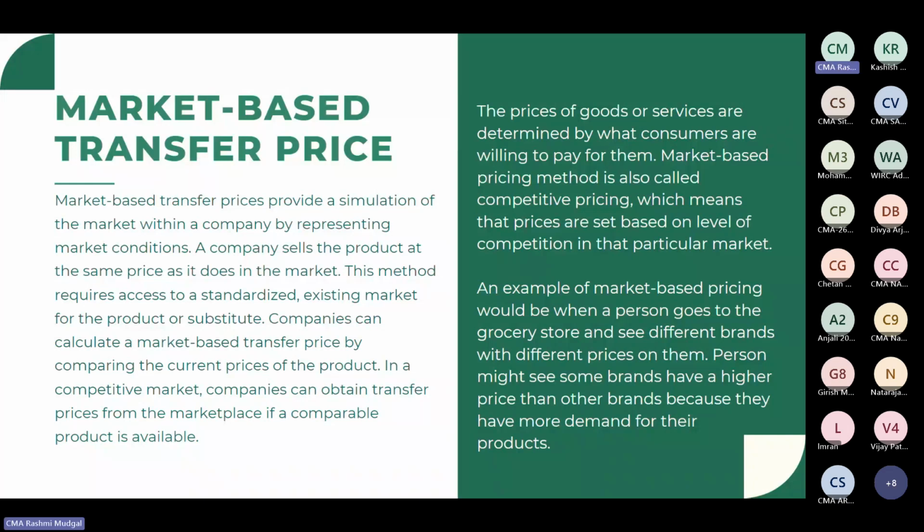A person might see some brands have a higher price than other brands because they have more demand for their product. So they can go with the market price, where they will say we are going to pay the same price that is available in the market, and if the other competitors are selling at the same price, then only will we buy from you. Even though you are a division, we will think of the market option also.